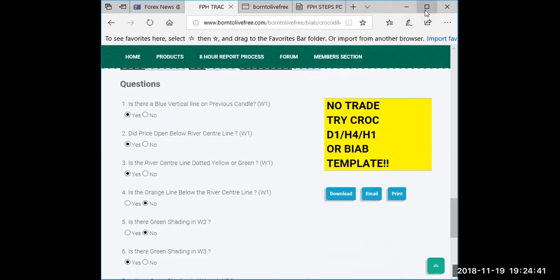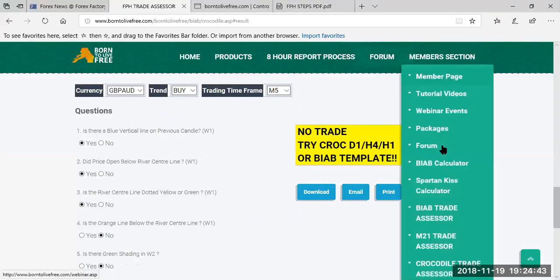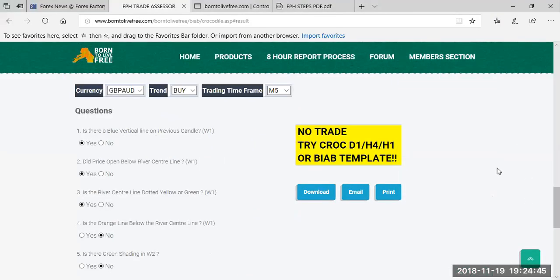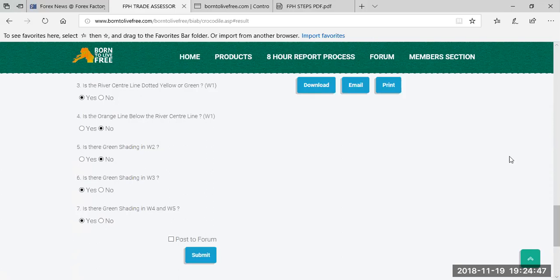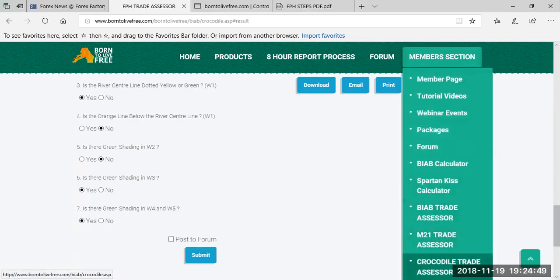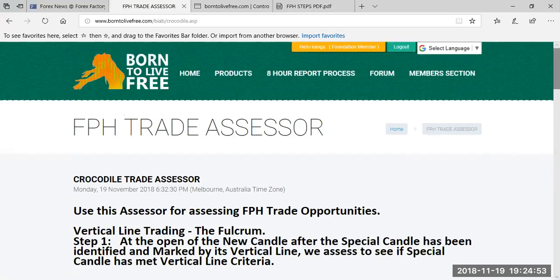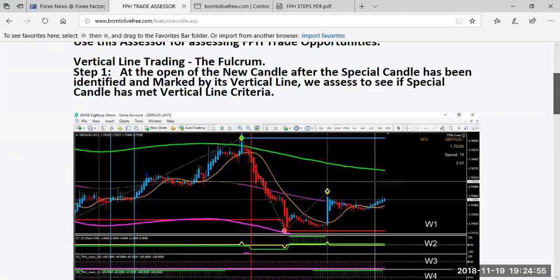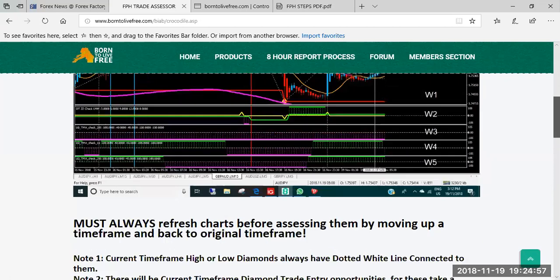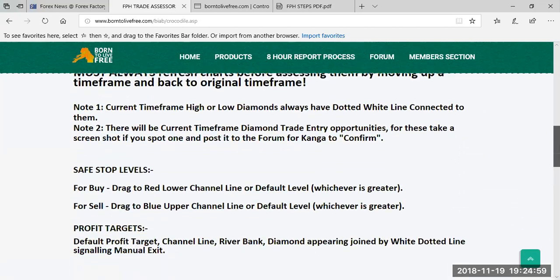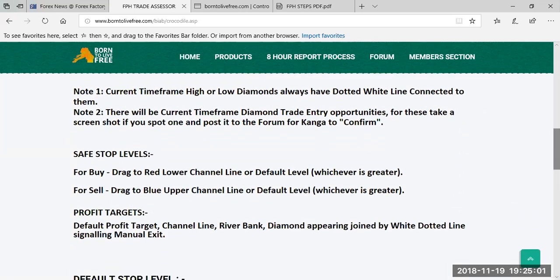Okay, so that's obviously under the crocodile. Once again, it's just really those things that we're looking at.